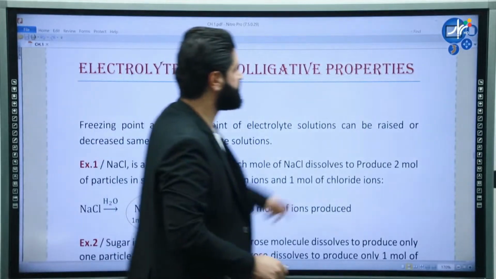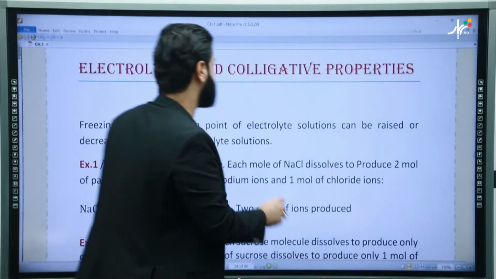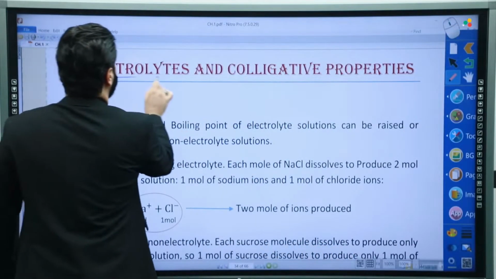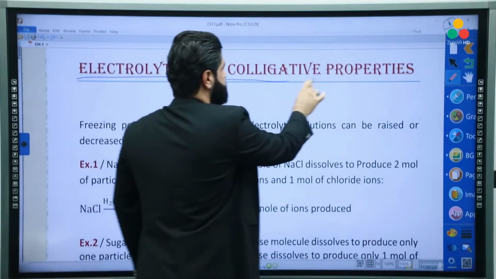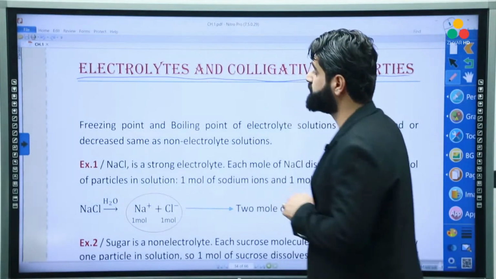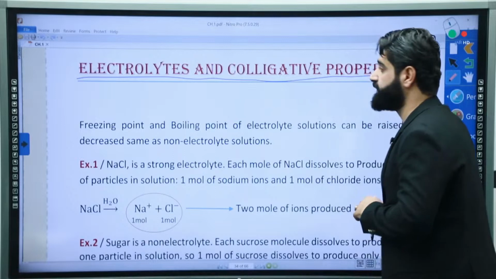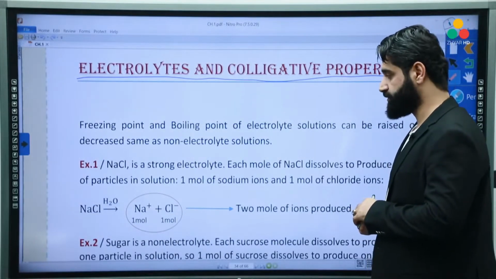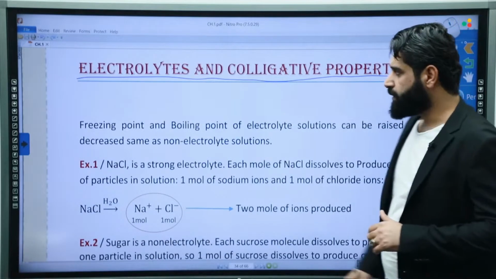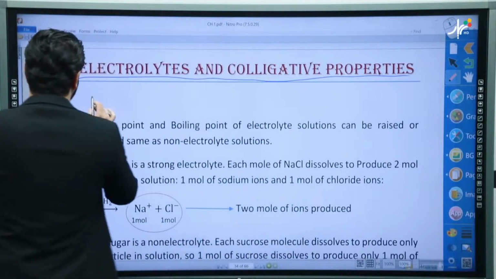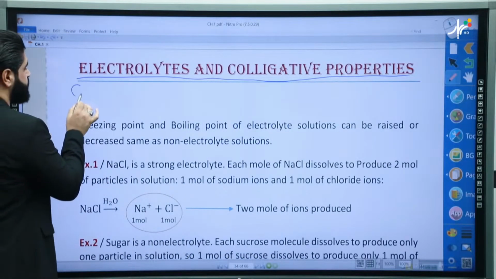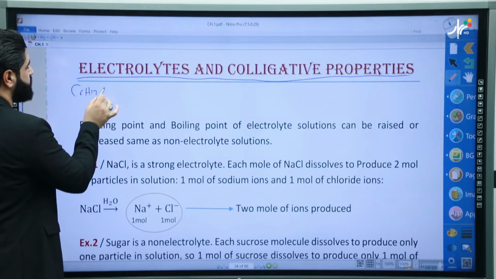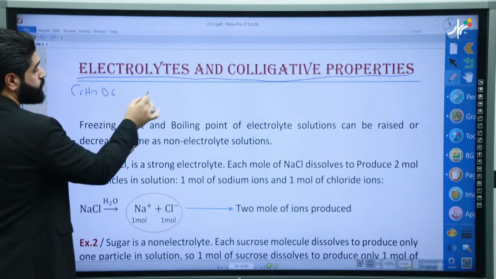Okay, we will study electrolytes and colligative properties. What are electrolytes and colligative properties? Look, what will happen if I put sugar, C6H12O6, into water?